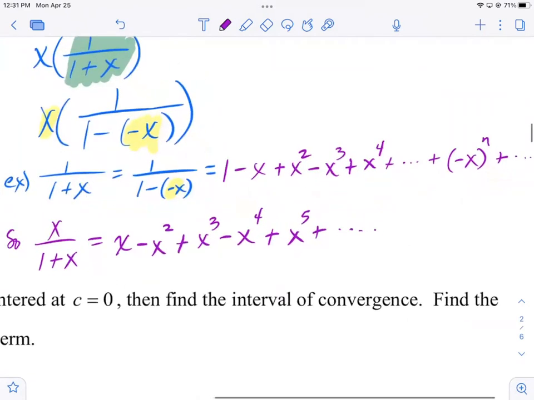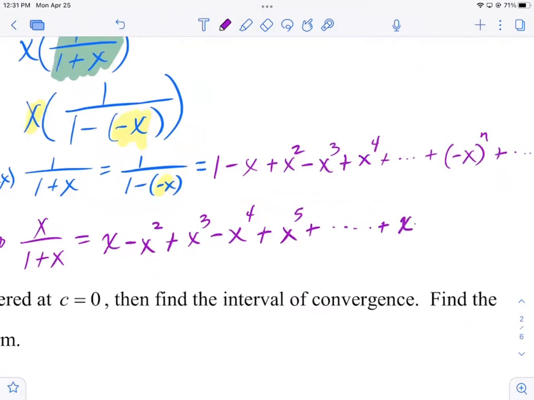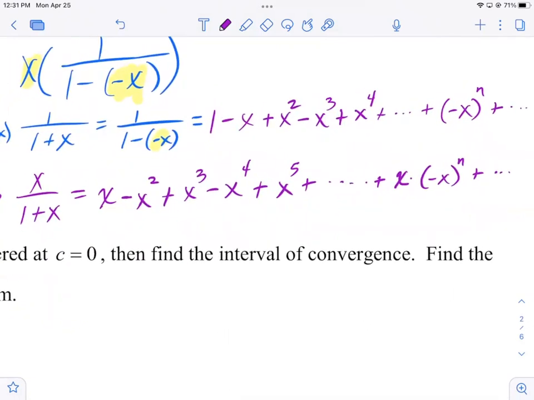And again, notice I put plus, even though the next term would be minus. It's up to you if you want to do that. And then this is going to be x times negative x to the n plus dot, dot, dot. And there it is. I've technically got it done.